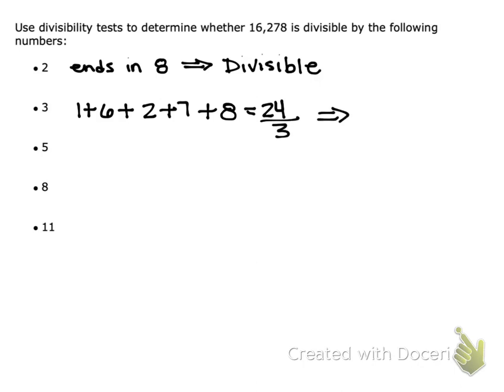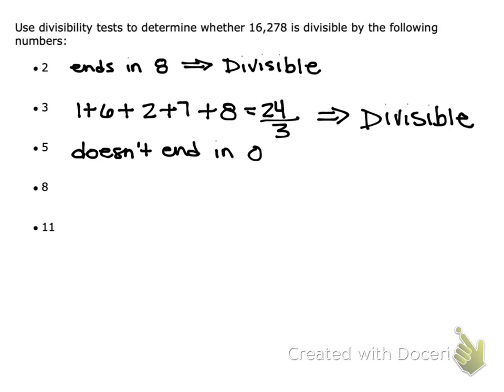Yes, so it is divisible by 3. All right, let's look at 5. Is it divisible by 5? How do we know? Good. Doesn't end in 0 or 5. So it's not divisible.